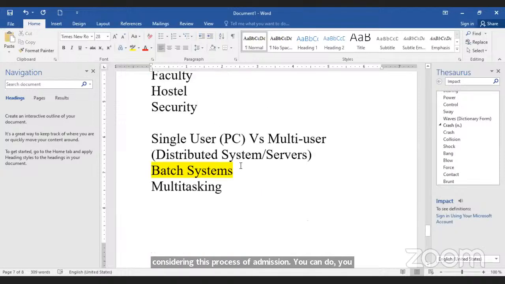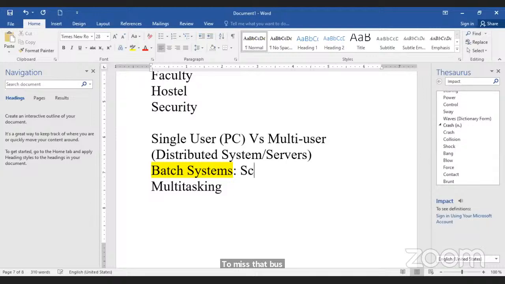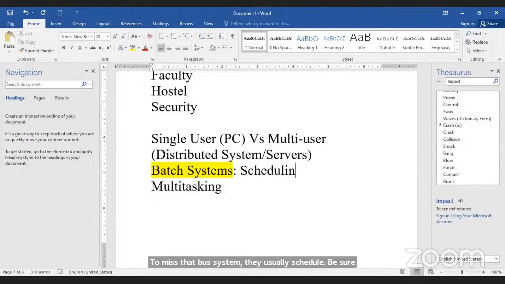It means that batch systems usually schedule the processes so that it does one process, it finishes, it does another process, finishes, does another process, finishes. That's what's called a batch system.